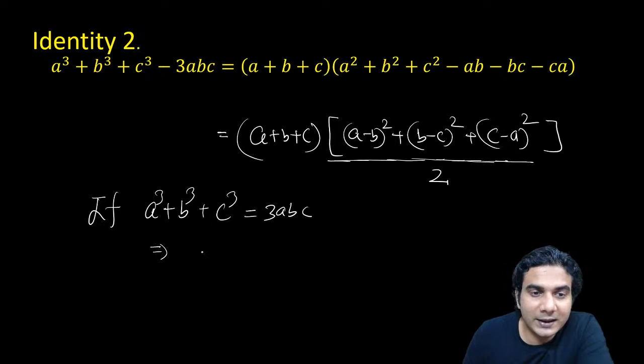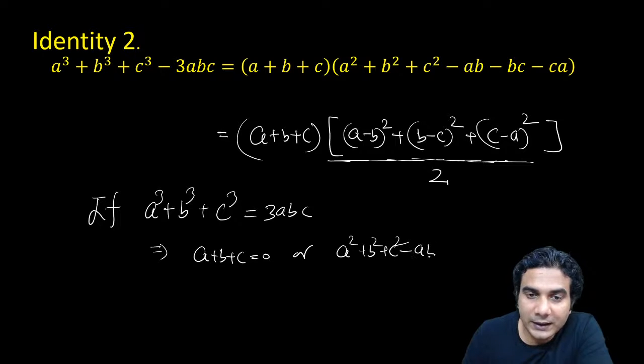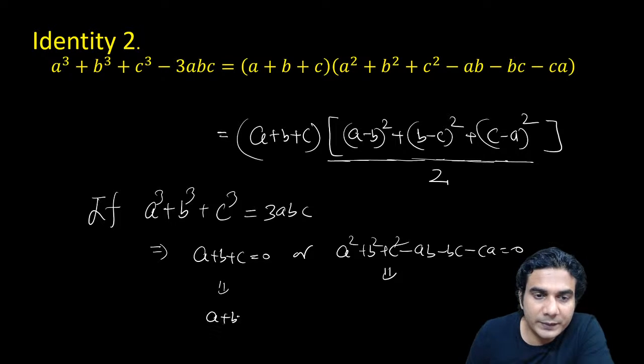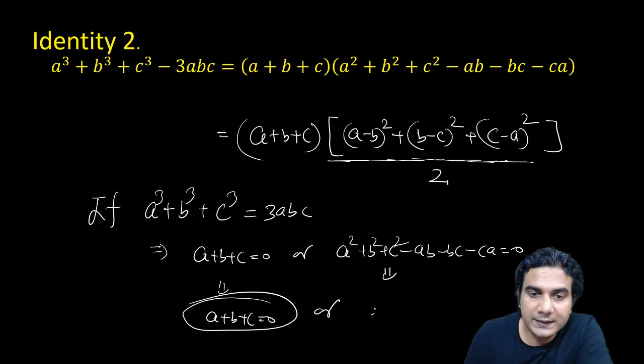So this implies that either a plus b plus c is 0, or a square plus b square plus c square minus ab minus bc minus ca is equal to 0. Using the previous one, either a plus b plus c is equal to 0, which is the first result, or a is equal to b is equal to c.